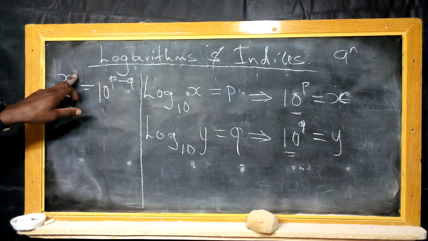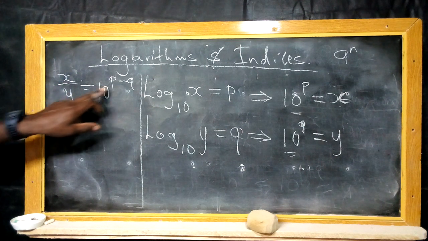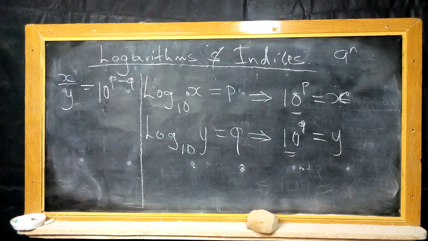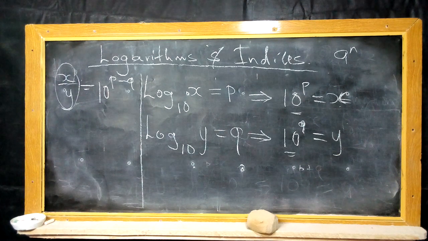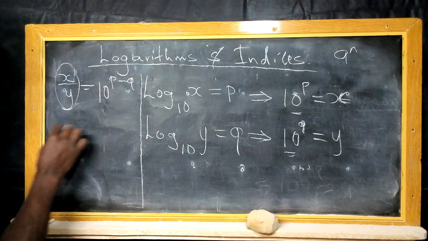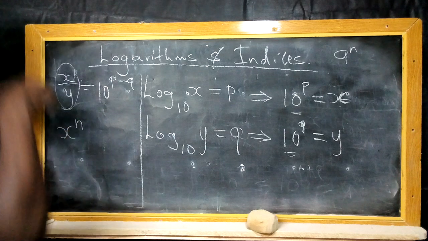The power of the numerator minus the power of the denominator gives a representation of this particular set of division. So suppose it is x raised to power n.